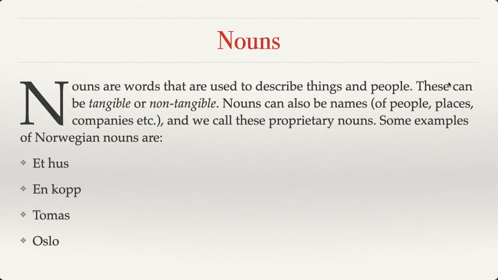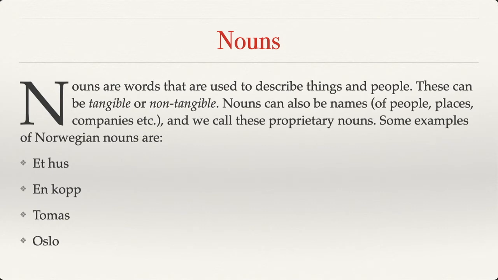So, nouns in general. I appreciate a lot of us probably haven't been to school in a while, but certainly I used to struggle with these grammar, vocabulary and technical terms. When we're talking about nouns, we're basically talking about words that are used to describe either things or people. And these can be either tangible or non-tangible things.